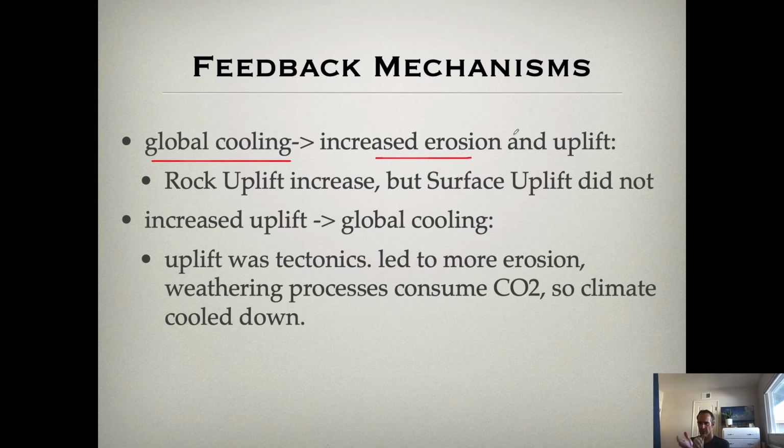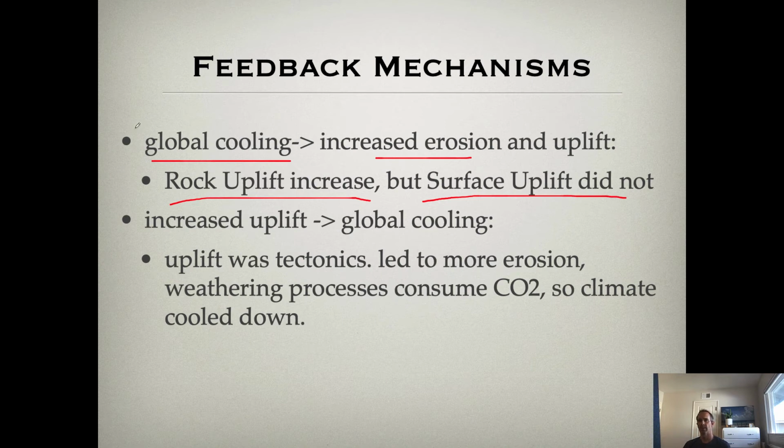And that increased erosion deepens the valleys, and the isostasy effect causes then uplift of the peaks. So you get an increase in rock uplift, but the average elevation of these things did not really uplift. The average elevation of these mountain ranges actually went down because you were removing material from that mountain range. But isostasy caused the peaks to get higher.